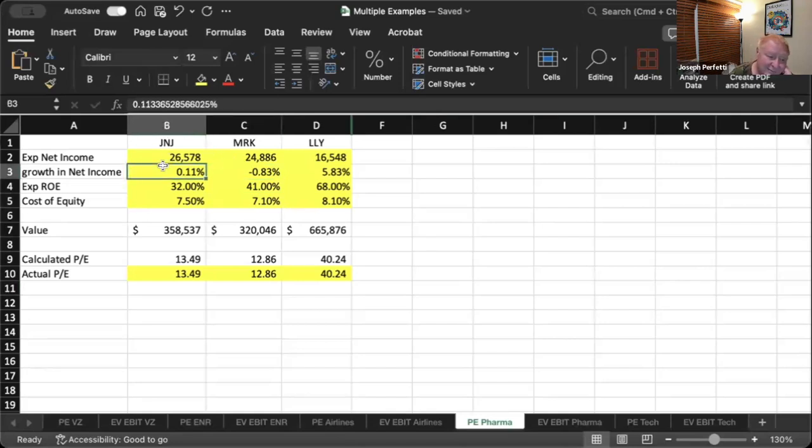Johnson & Johnson, 0.1% growth, so they're kind of staying flat. So that negative growth, about negative 1% a year, is why Merck is primarily trading at a discount, even though Merck has slightly lower risk, 7.1% cost of equity versus 7.5%. But even if they had the same risk, Merck would still be trading at a discount to J&J because of the negative growth rate.